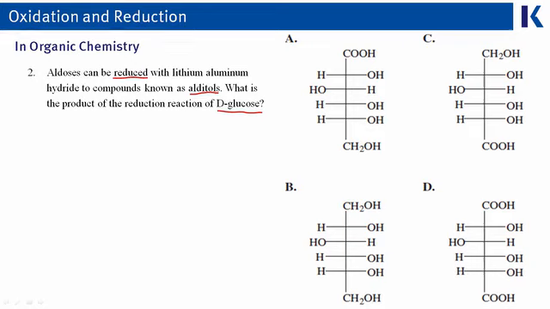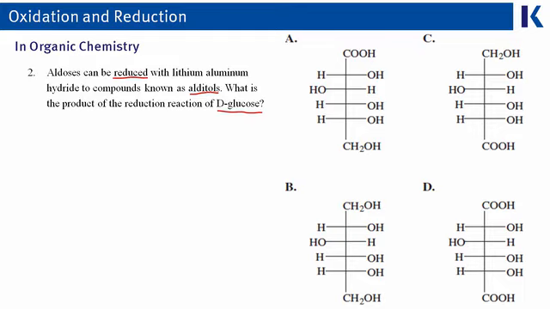Now, if we use the same logic we used in the last question, OIL RIG, oxidation is loss, reduction is gain of electrons, then that may not get us very far with this question because it's hard to track the electrons themselves moving from place to place in any one of these molecules.